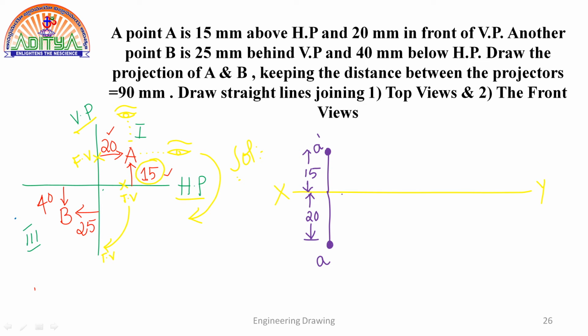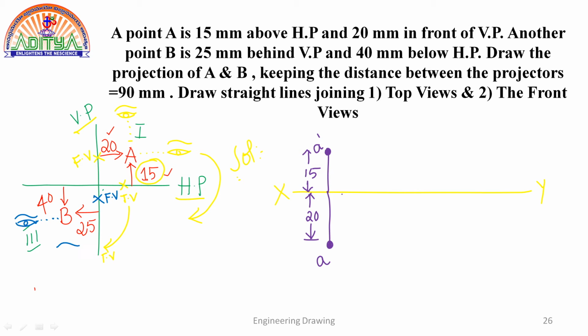Point B projection. So assume that if you are seeing this point B from front view, the front view of the point B is projected on a vertical plane.